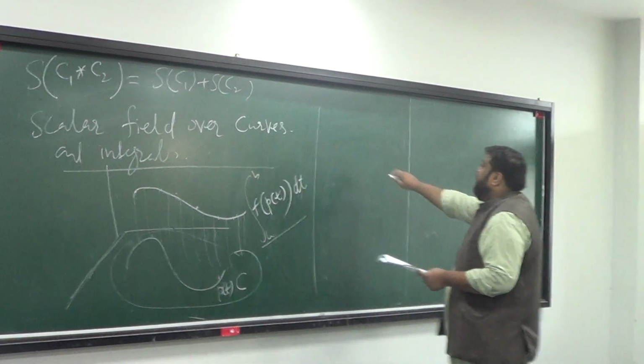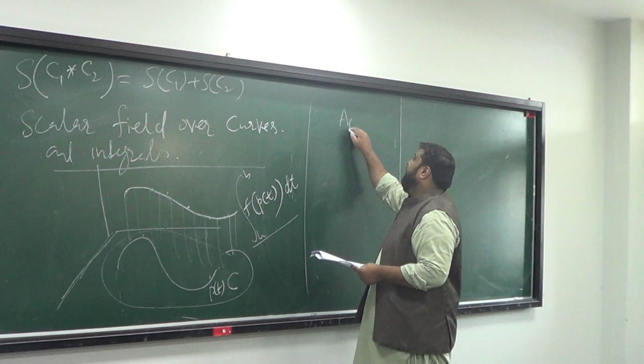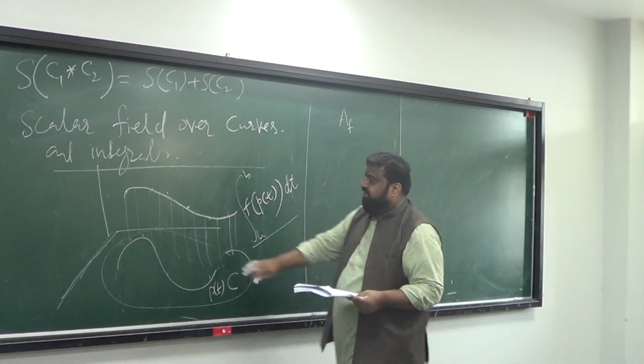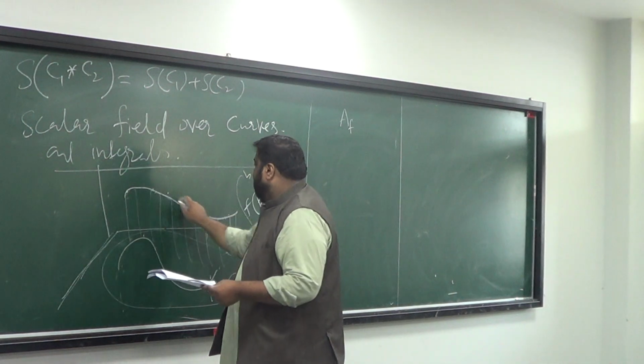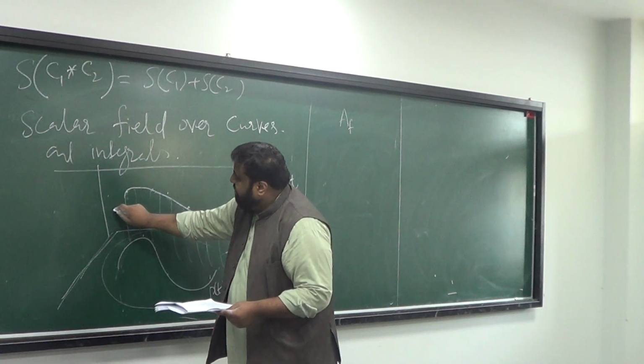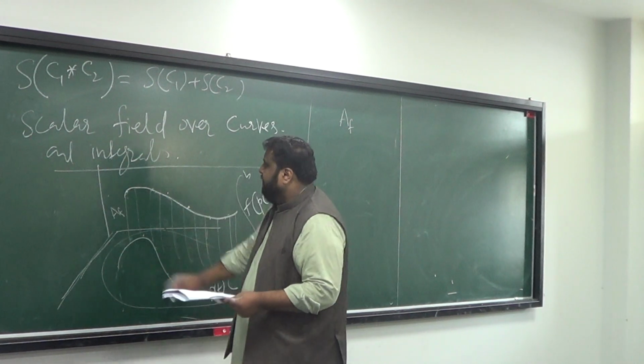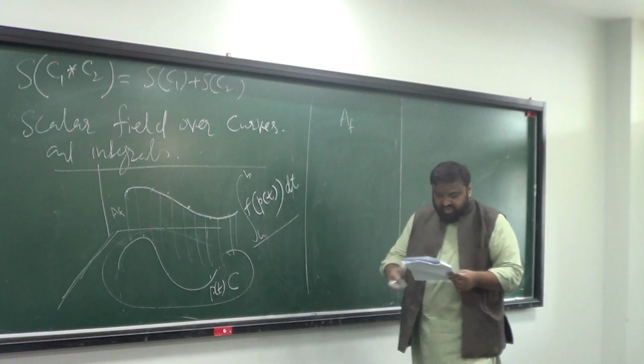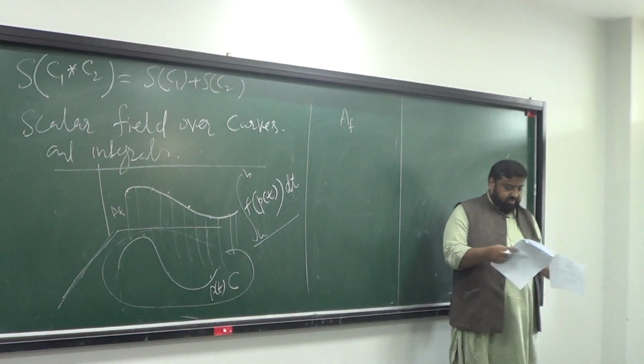So what am I interested in? I am interested in computing the area under f. So if this is f, I am interested in computing this area. The question is, how can I compute it?